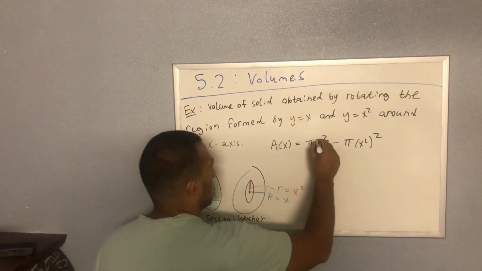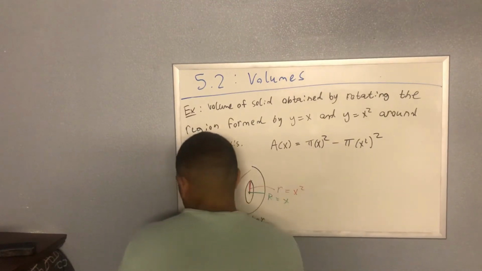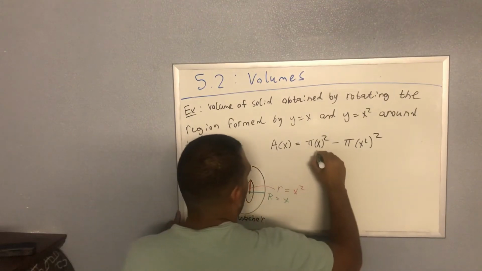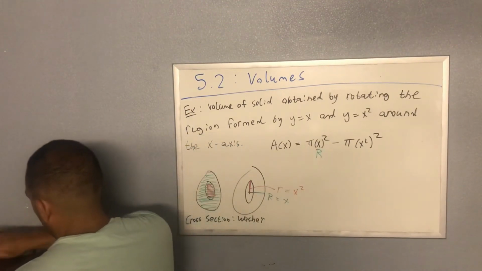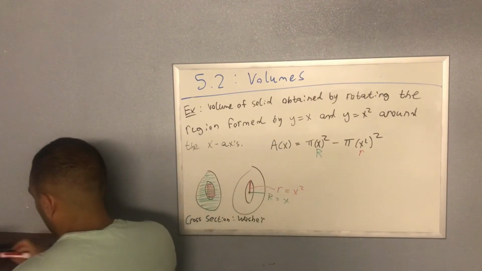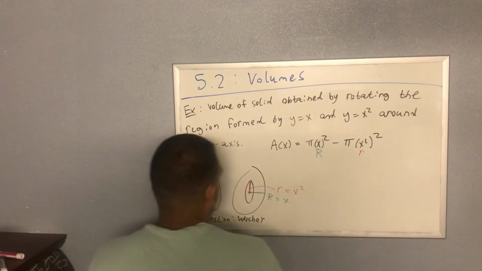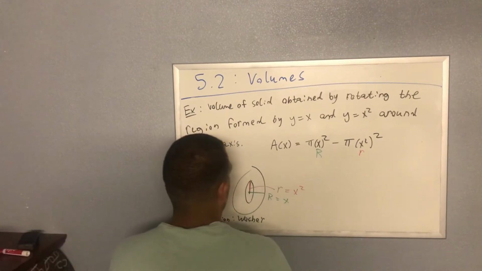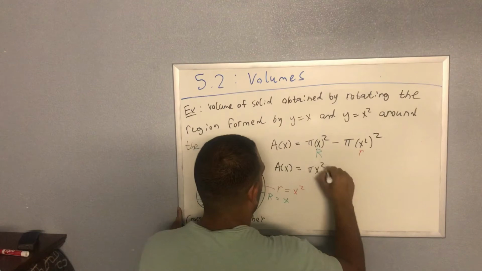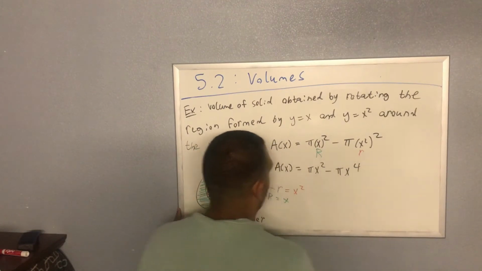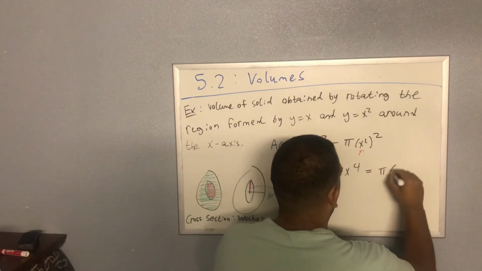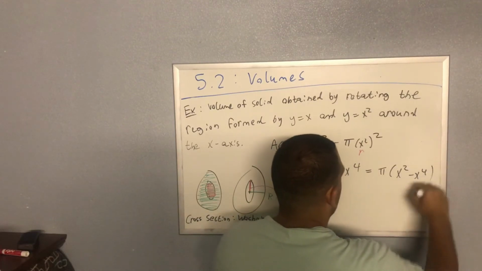Wait, I'll put parentheses here. So that's the radius, that's the radius. This is capital R, the big radius. This is lowercase r, the smaller radius. So the cross-sectional area is just pi x squared minus pi x to the fourth, which is, if you factor the pi out, this.